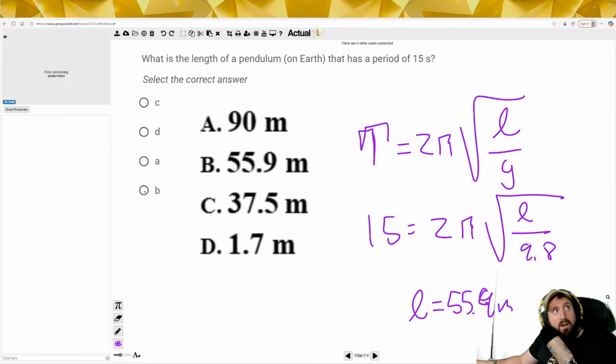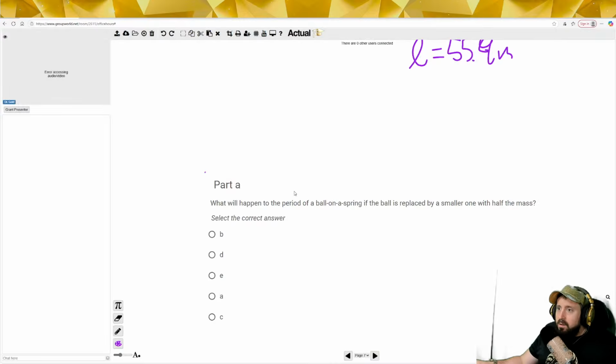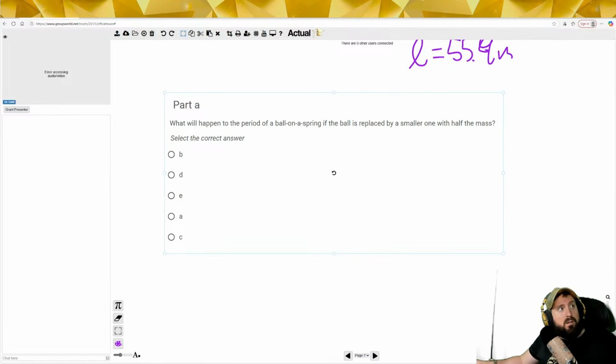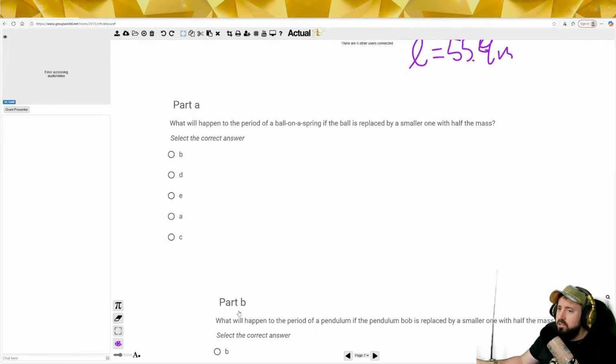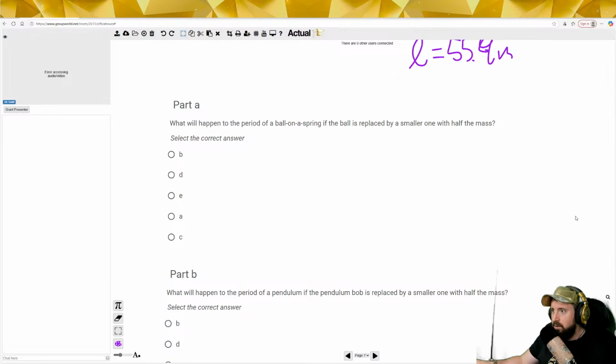Okay, cool. And then good follow-up question. A key thing to know in physics is how to look at equations and see what the relationships are with things, like how things will change.